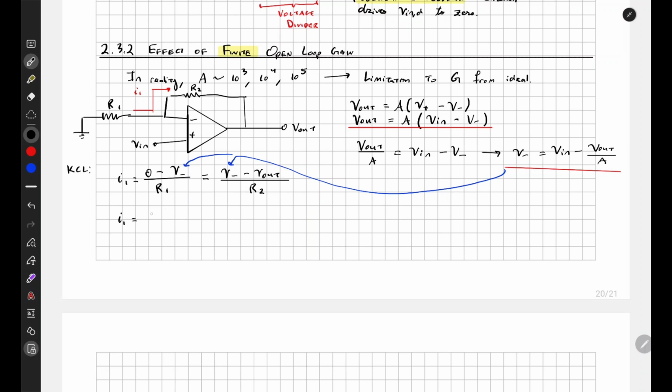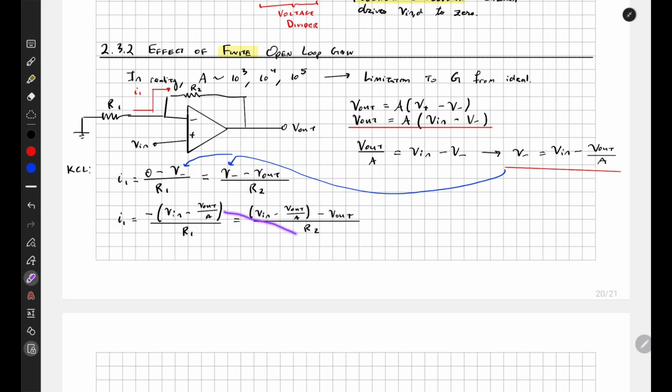I1 is equal to 0 minus, which is negative, V in minus V out divided by A, divided by R1, which is also equal to V in minus V out divided by A, minus V out, all over R2. So we're going to solve for this. It's kind of complicated, a lot of algebra, but we just go one thing at a time.